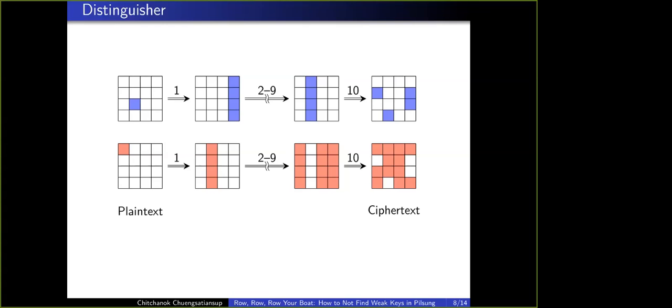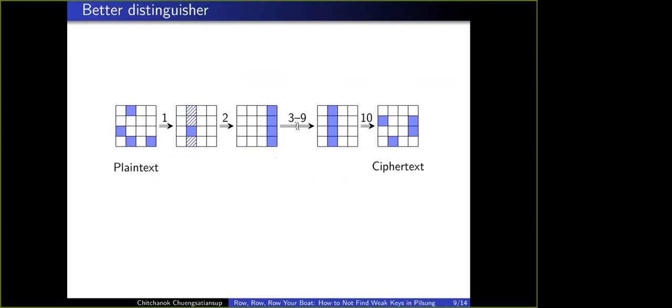And we can even push this distinguisher further and build a better distinguisher by reducing the requirement of preserving from round 2 to round 9 to round 3 to round 9. To do so, we start with two plaintexts that differ at 4 different bytes. And at the first round, the first shift row happens to shift those 4 bytes into the same column, so they all align in one column. And mix column happens to collapse those differences into 1 byte. So at this step, we have two internal states that differ at 1 byte.